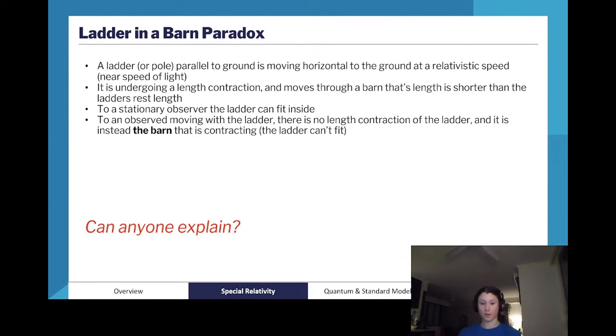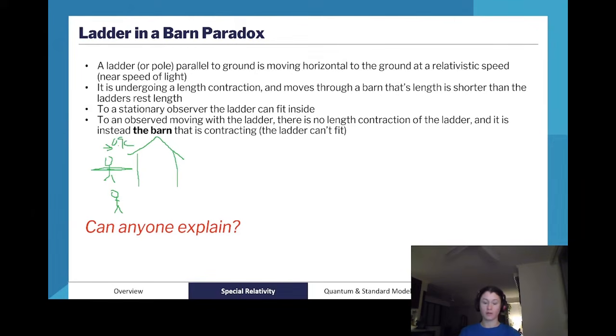Let's draw a quick diagram of what's occurring here. So, we have from a person watching, from their perspective, we see a barn, and we see the person running in with a ladder shorter than the barn because they are moving at a relativistic speed, say 0.9 c.